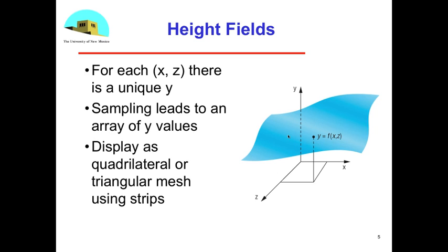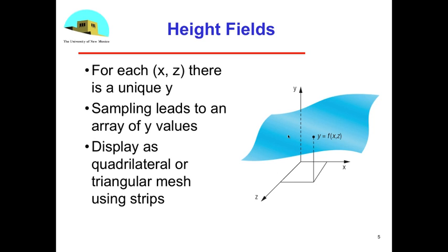But then when I want to display it, I'm going to take those values and know that I'm stepping through this matrix corresponding to equal steps in z and x. I can say here's a matrix of height data for a region, and I construct little quadrilaterals by taking four adjacent points from the data set and constructing a 3 dimensional little rectangle in space that has those 4 points as its vertices.